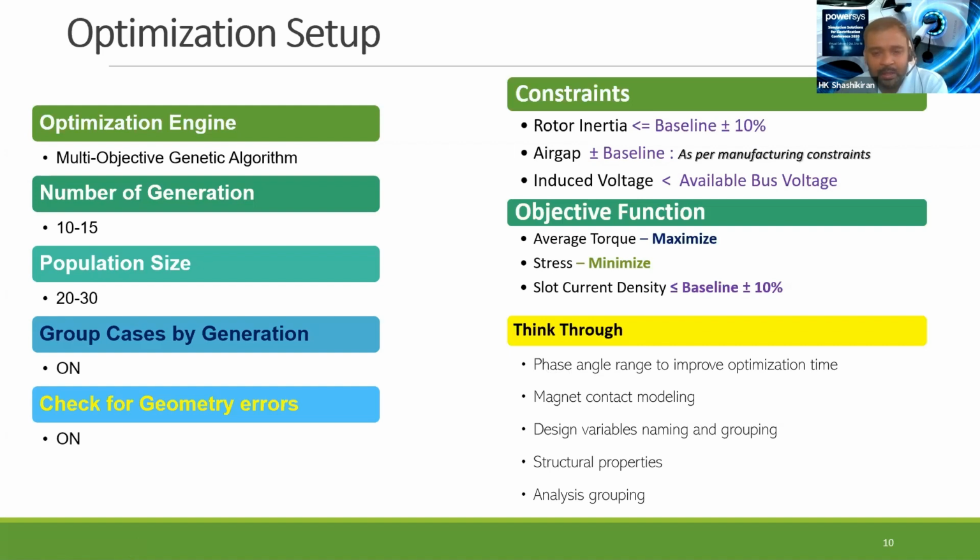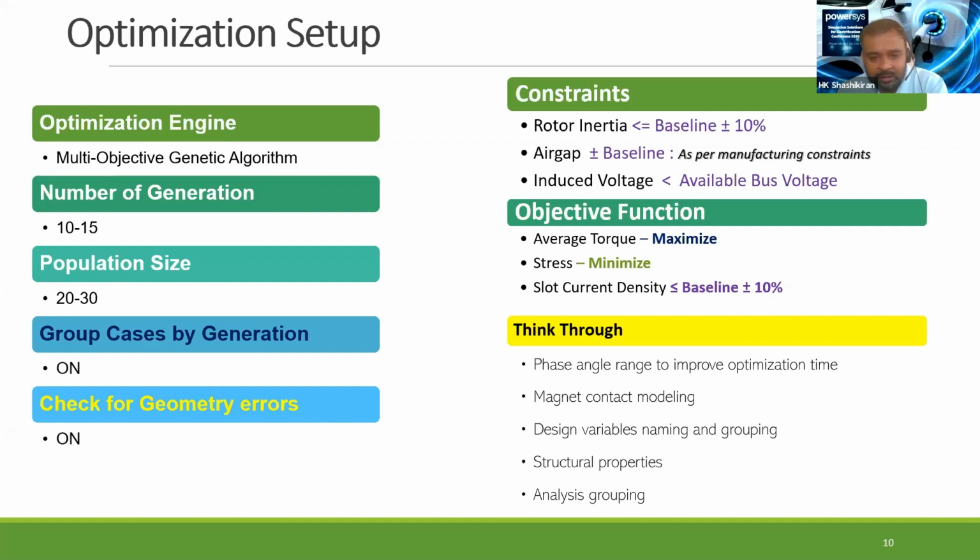Once you have some baseline, you know that the maximum efficiency point is between maybe 20 to 60. You don't have to go beyond that. So that is something that you can keep a check on. That will give you a little bit more design space which is most usable, and you can cut down on the population size.